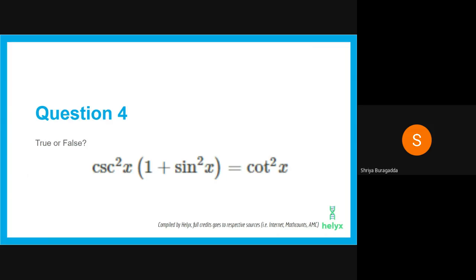Okay, and I'm just going to multiply that out, so that gets us 1 over sine squared x plus 1, because that cancels out, and then that equals cotangent squared x. So we have 1 over sine squared x again, so that gives us cosecant squared x again, and then plus 1 equals.